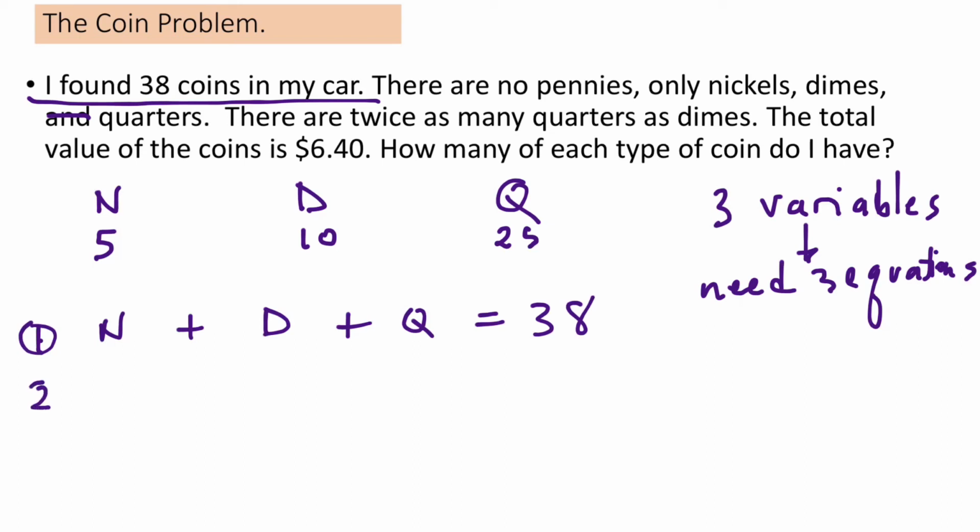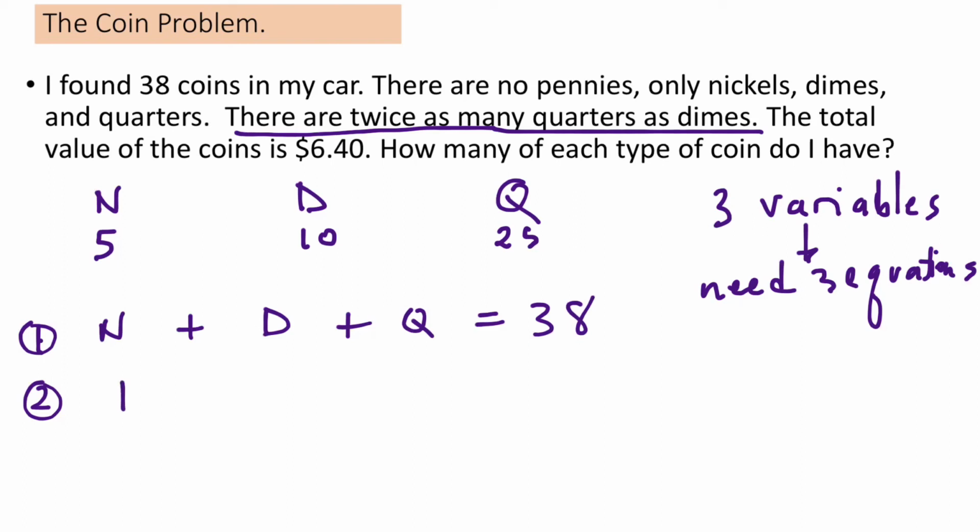All right, we need another equation. The next sentence says there are twice as many quarters as dimes. Okay, so we can write an equation out of that. So that means we have more quarters than dimes. In fact, we have 2 times the number of quarters.